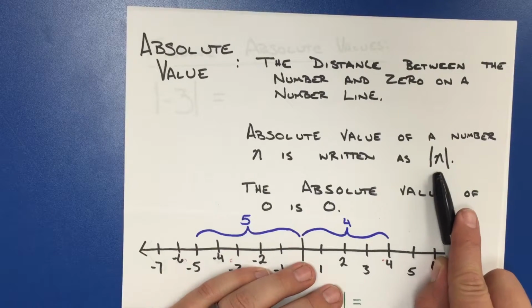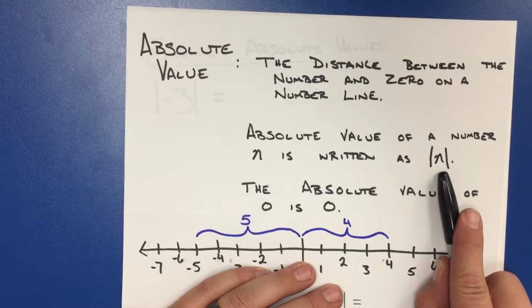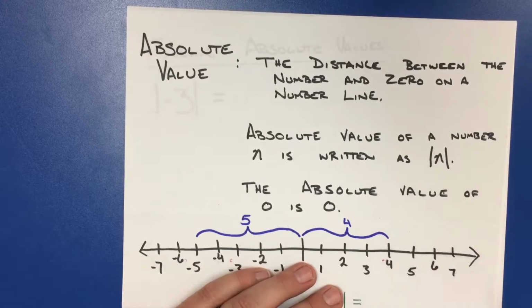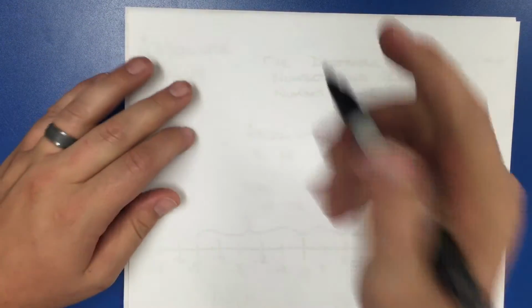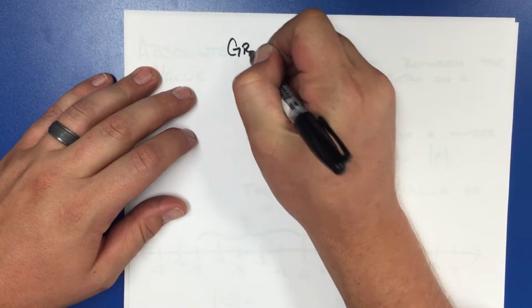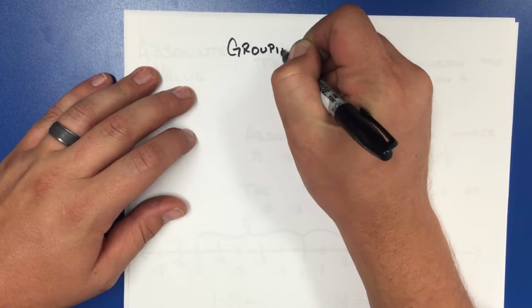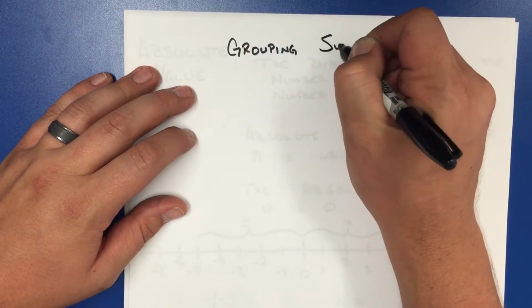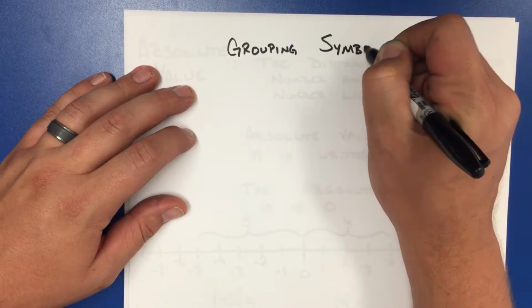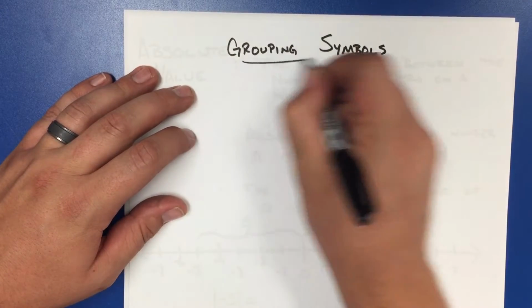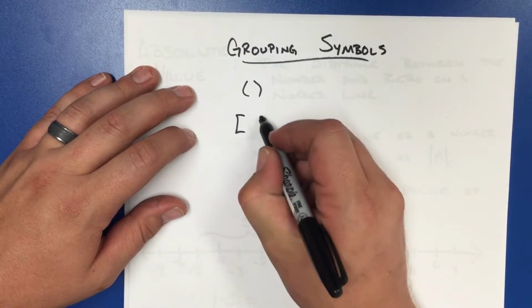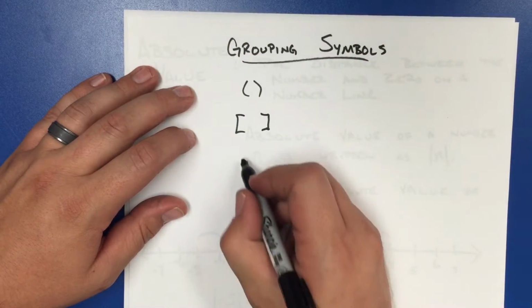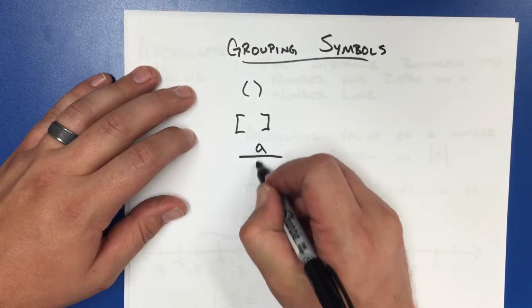Now I'm also going to point out that these bars also function as grouping symbols. If I took another sheet of paper and kept track of all the different grouping symbols that we've come across, there are a lot of them. A lot of times we give too much credit to parentheses, but there are parentheses, there are brackets, there is a fraction bar.